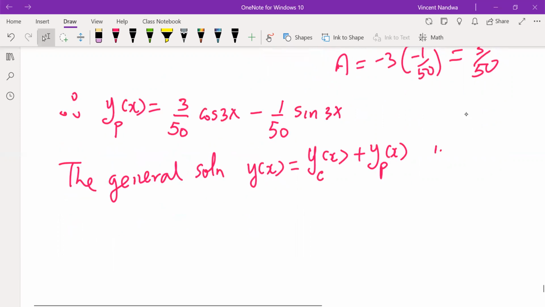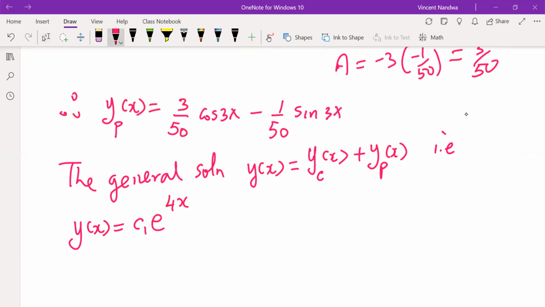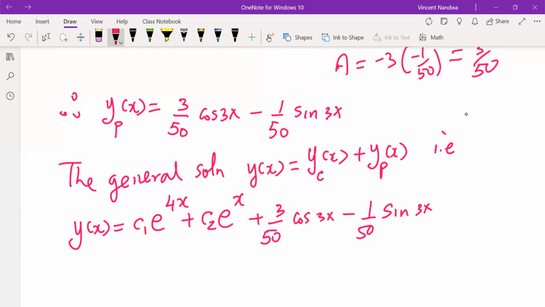So we'll have y of x equals c1 e raised to power 4x plus c2 e raised to power x, and then plus 3 over 50 cos 3x minus 1 over 50 sine 3x. So that is how we solve that given differential equation. Thank you.